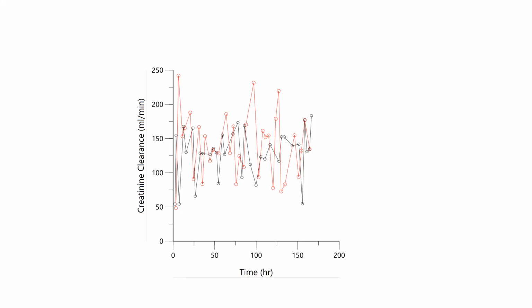You can look at it either way. And you can see here that over the period of 1 week, this is one subject, and over the period of 1 week, on both occasions, the creatinine clearance is highly variable collection to collection.